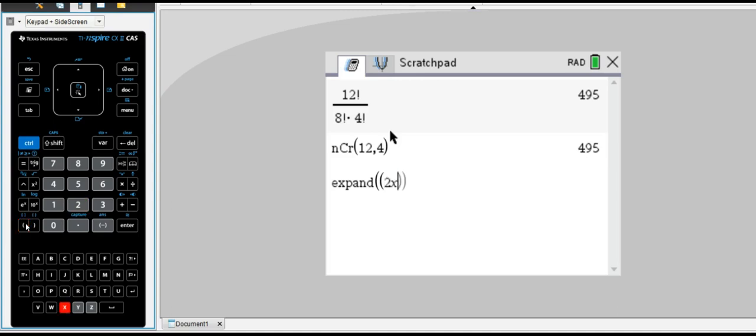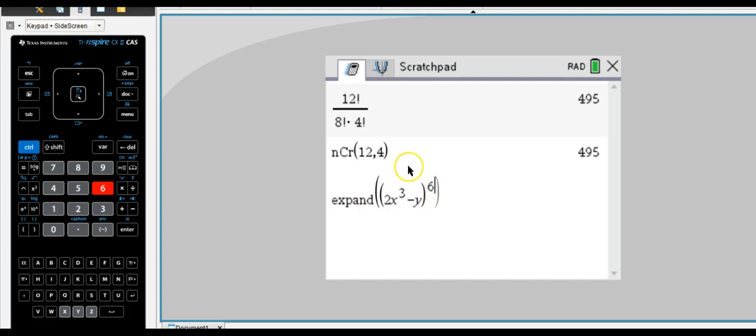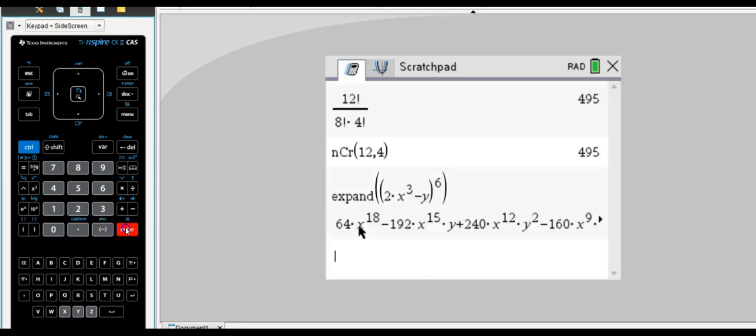I forget what the example problem was. I'm looking at the example that we did prior to the last one, when we had 2x cubed minus y to the 6th. So notice that within the parentheses that say expand, I have 2x cubed minus y to the 6th, and you push enter, and it will multiply it all out for you.